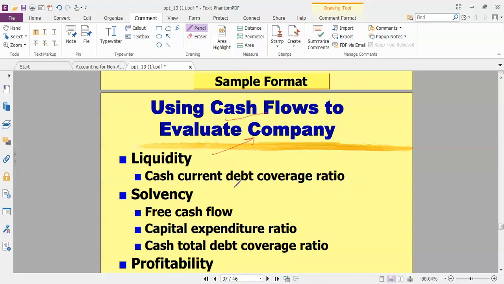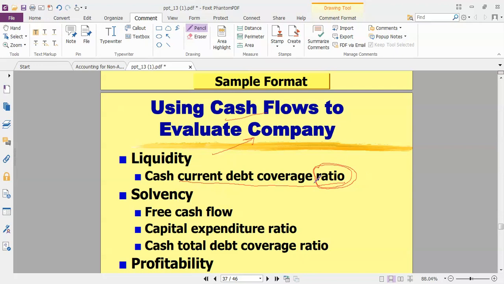Okay, so cash current debt coverage ratio. We will analyze the liquidity of the company using the cash current debt coverage ratio. You should know the formula to calculate the cash current debt coverage ratio in order for you to determine the liquidity of the company.